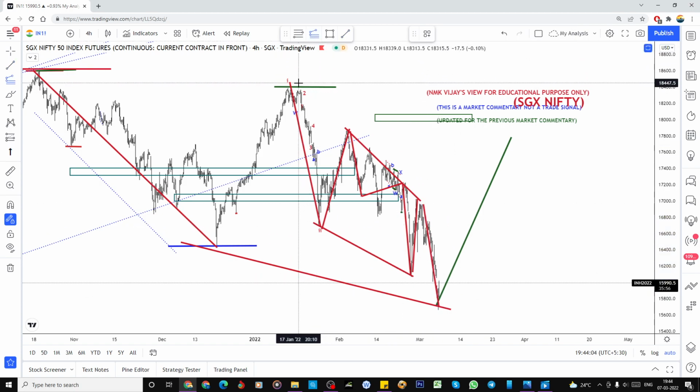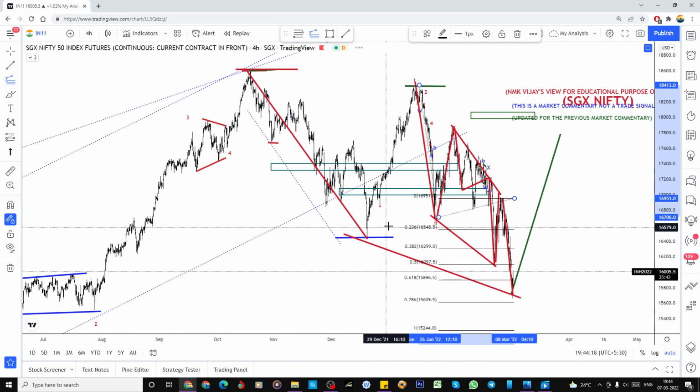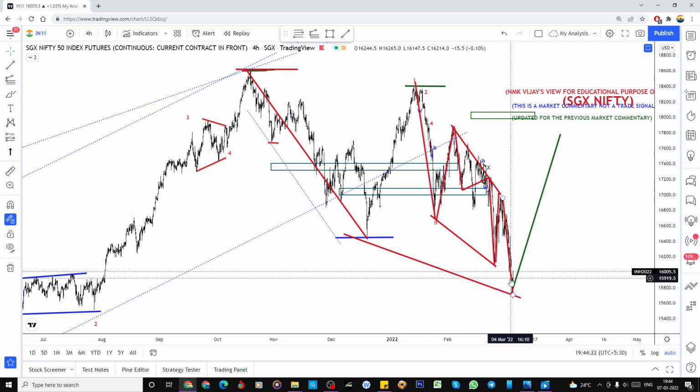If you measure this as a Fibonacci expansion level, it is 0.786. This intermediate wave has also become an irregular flat formation here. So for this, A, B and C is dead.